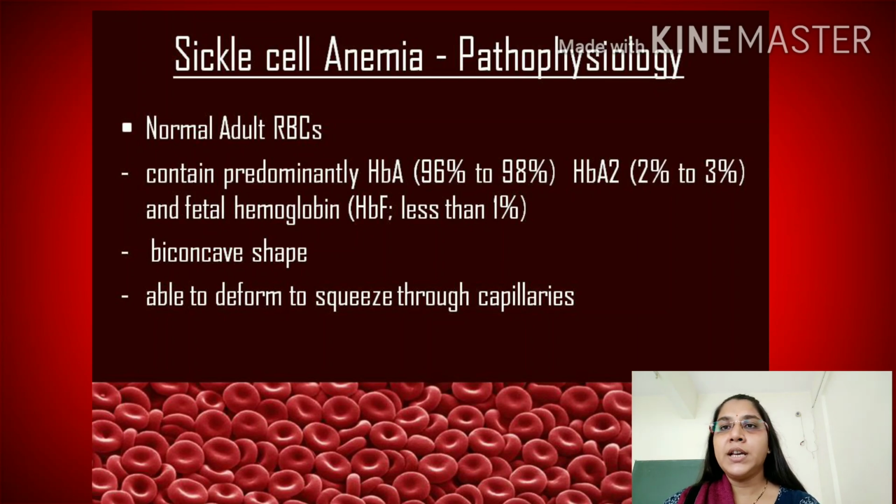Now when the RBCs are in normal biconcave shape, they are able to deform and squeeze through the capillaries. When the capillaries are very small, these RBCs deform themselves and squeeze through.